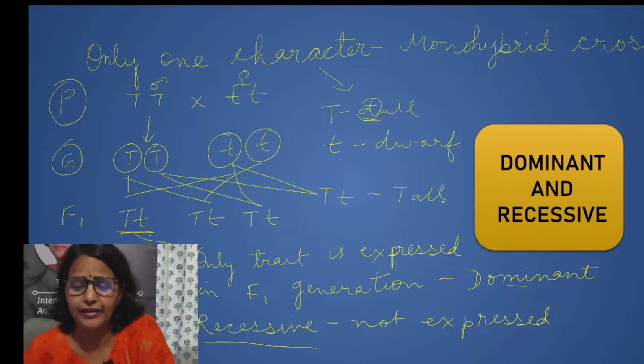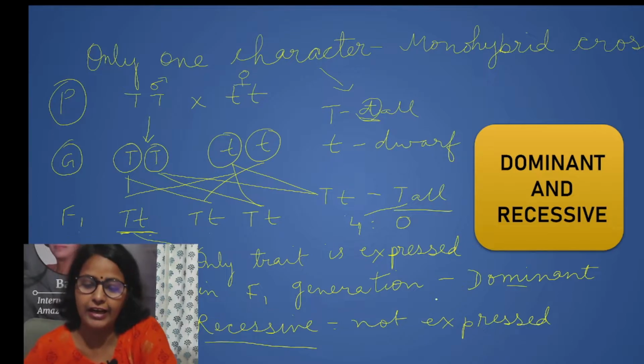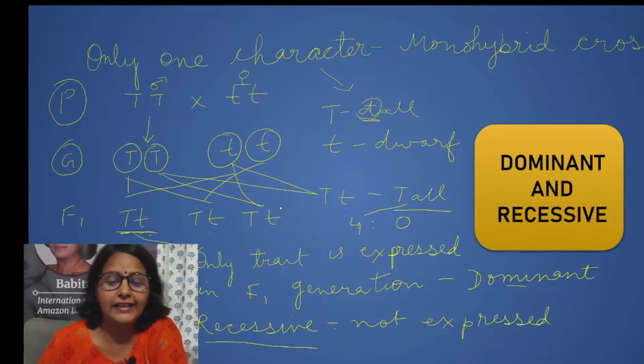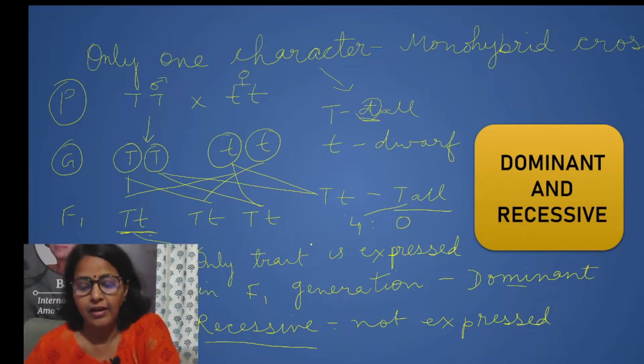What will be the phenotypic ratio? Tall 4:0, where 4 is tall, 0 is dwarf. And the genotypic ratio is also 4:0, where 4 is heterozygous for this. So dominant is the trait which is expressed in F1. Recessive is the trait which is not expressed in F1, and on this basis Mendel had selected 7 characters.